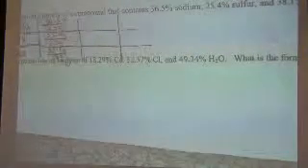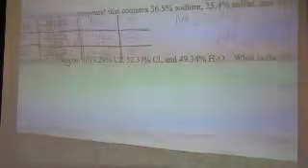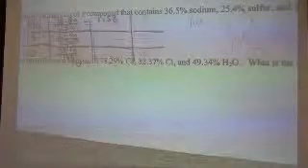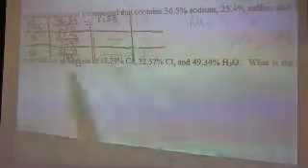Okay, if you can't see it, raise your hand. First divide this top one here. What do you get? 1.58. Okay, that equals 1.58. Next, divide this one.